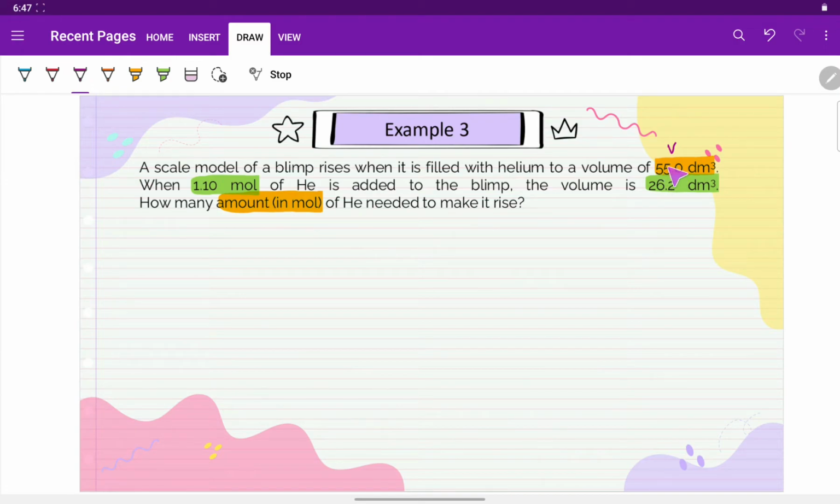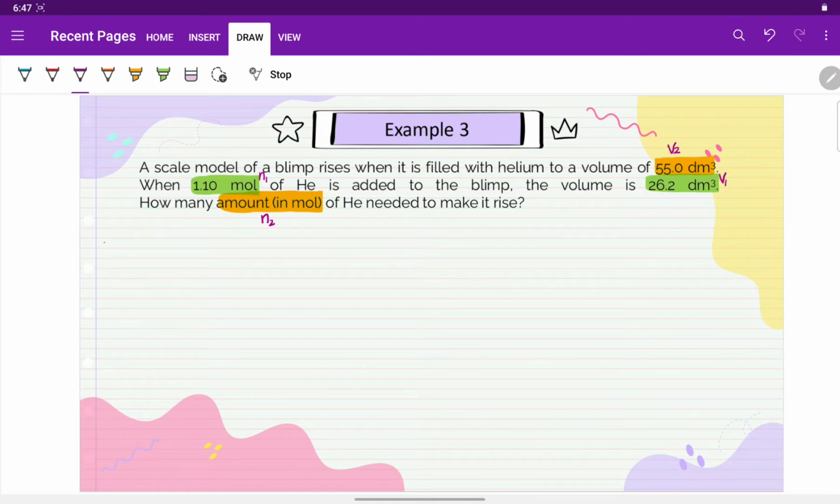Okay, sebab tu saya letak dua ni warna orange. Okay, so awak boleh labelkan, yang ni adalah dia punya V2, this is N2. Okay, so yang warna hijau ni akan jadi N1 dan juga V1. Okay, so saya tulis balik maklumat dia.